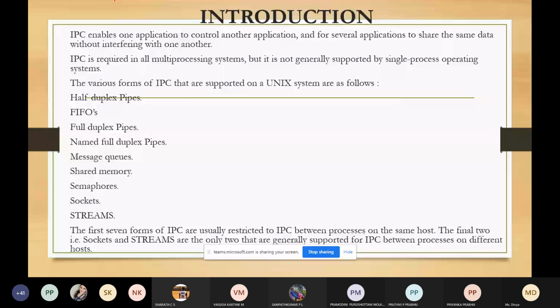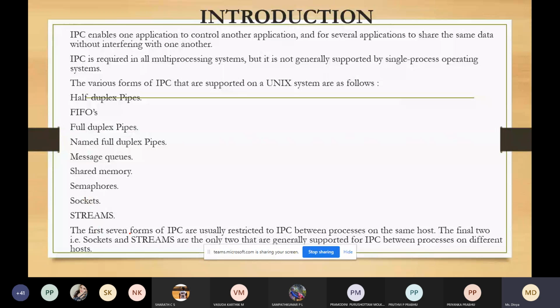Then FIFO, which is also called named pipes. Then we have stream pipes, which we call full duplex pipes. Then named stream pipes, or named full duplex pipes. And a few others like message queues, shared memory, semaphores, sockets, streams. We are going to study each of these in this chapter.